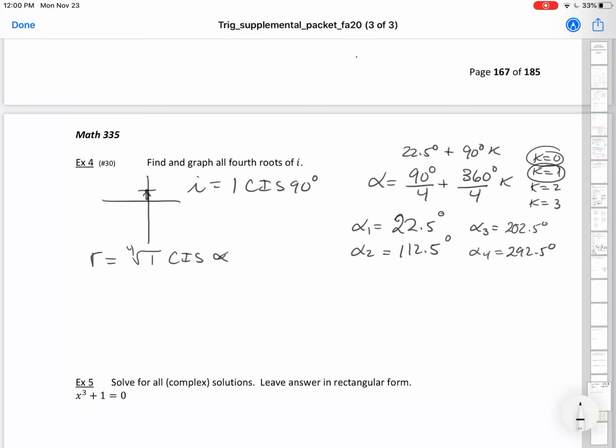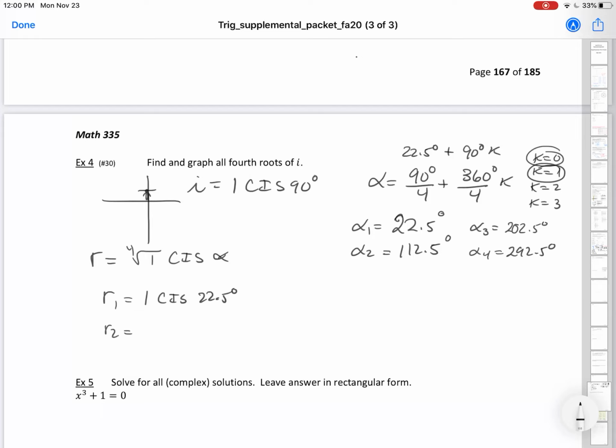Now, it doesn't say that we have to put them in the rectangular form. So if it doesn't tell us to put it in the rectangular form, we're not going to, especially when they're angles that we don't know. So what's the first root out of many? Well, the fourth root of 1 is 1 cis 22.5 degrees.